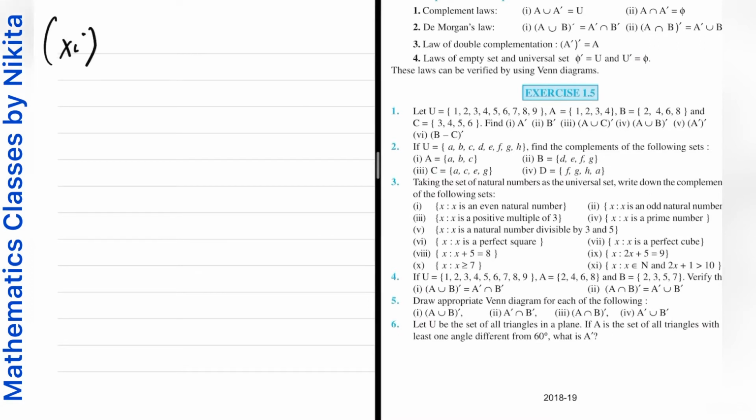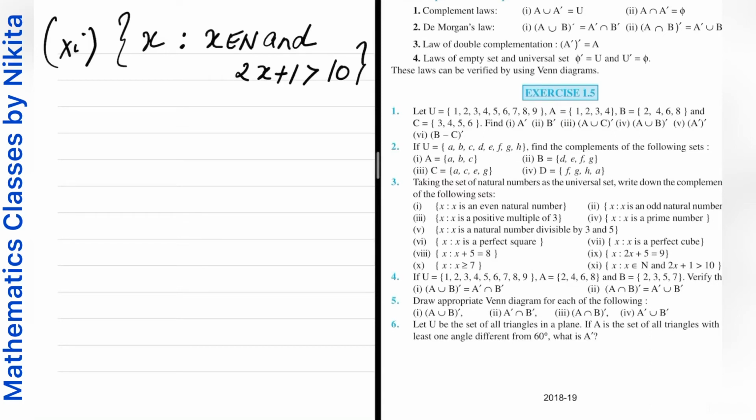Next part is you have to find the complement of all those x such that x belongs to n and 2x plus 1 is greater than 10. Now first let us solve this. 2x plus 1. Now this is an inequality because यहाँ पे inequality का sign है.